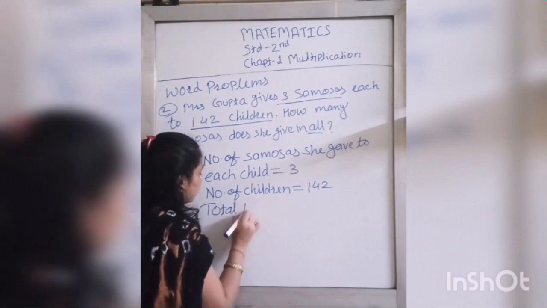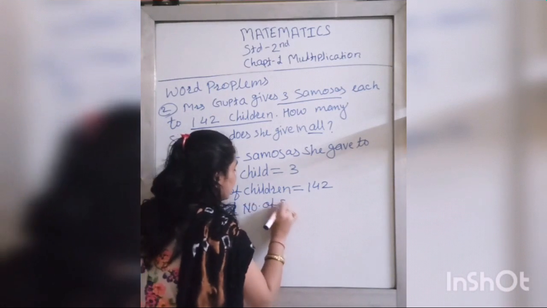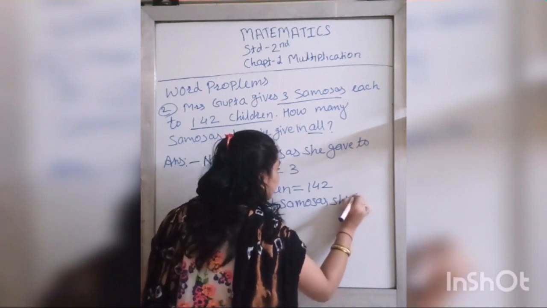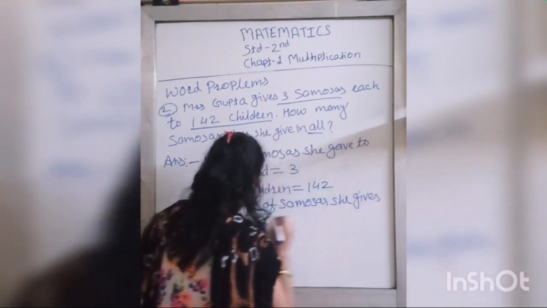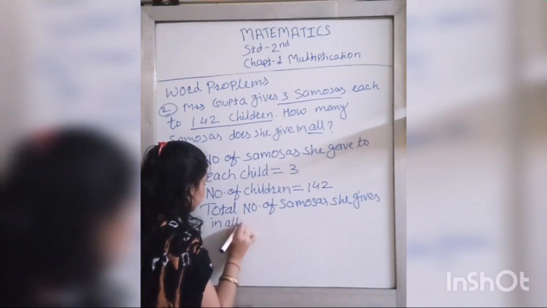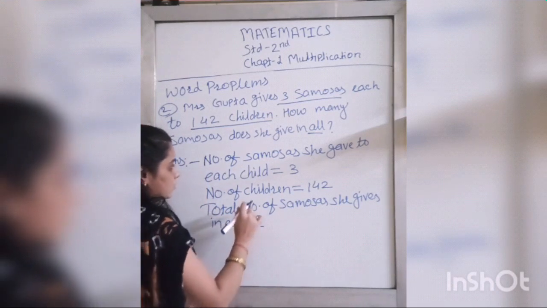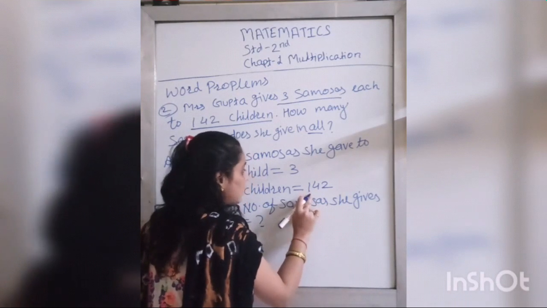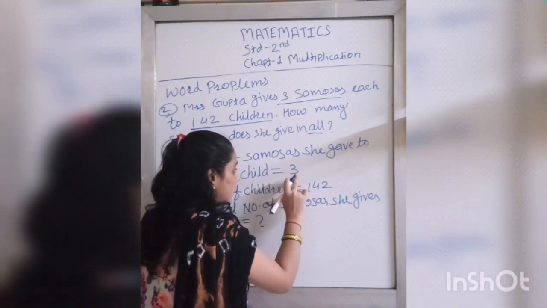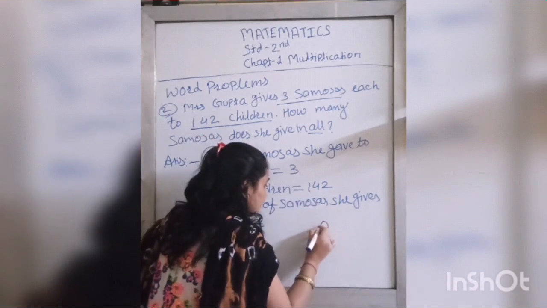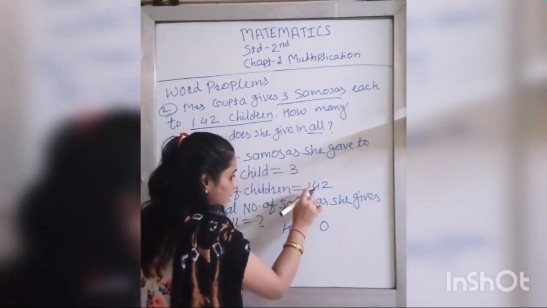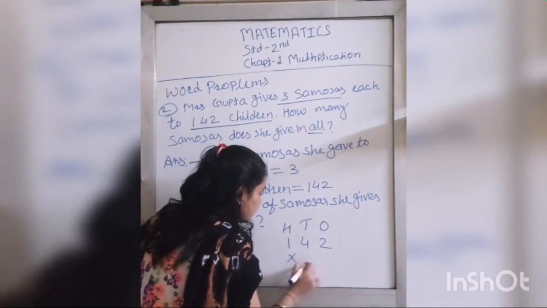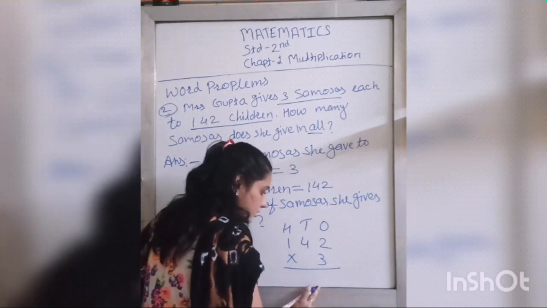So what will we calculate here? Total number of samosas she gives in all. That we have to find out. So what will we do here? We will multiply the total number of children and the number of samosas each child got. 142 and 3.